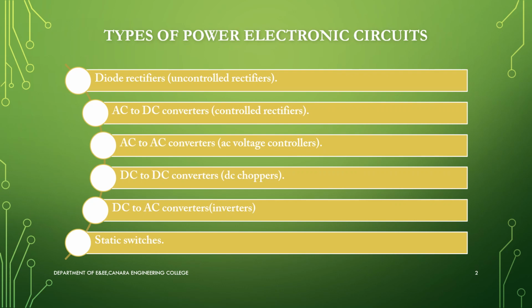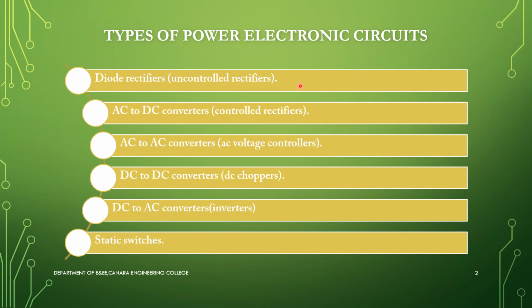So you have studied in linear electronics regarding the rectifiers which we design using diodes. Those are called diode rectifiers. Diode rectifiers are known as uncontrolled rectifiers. Why is it called so?